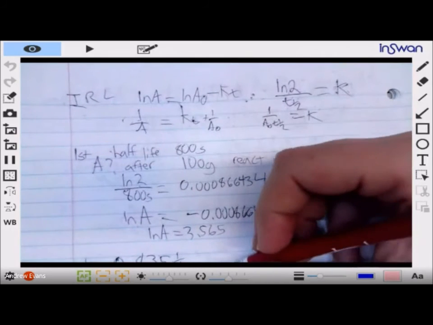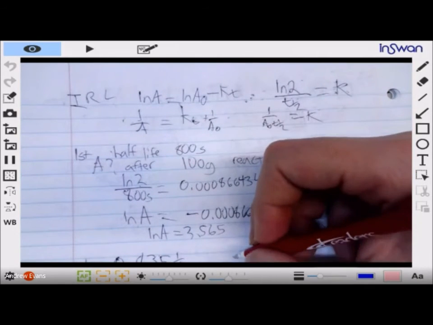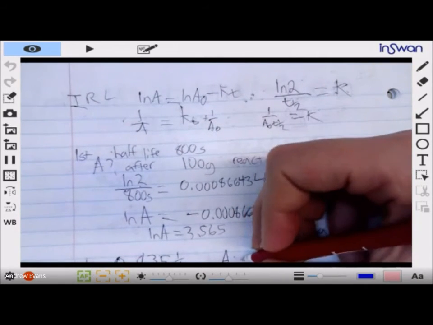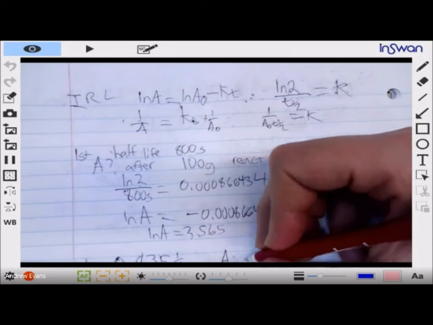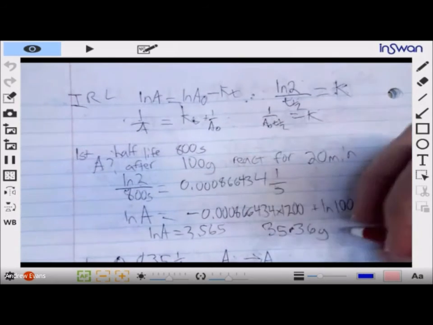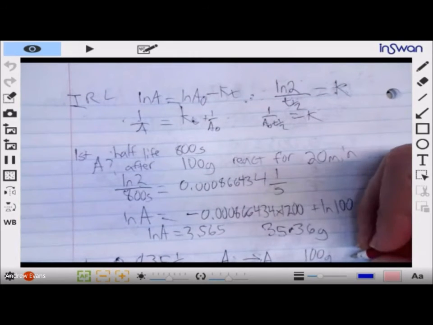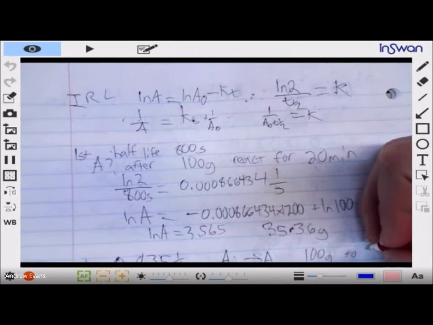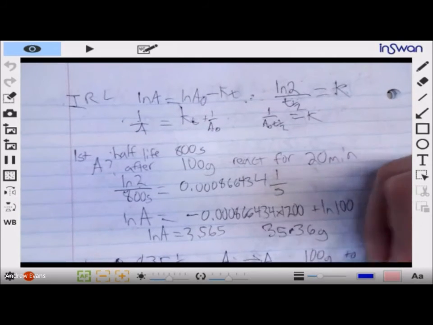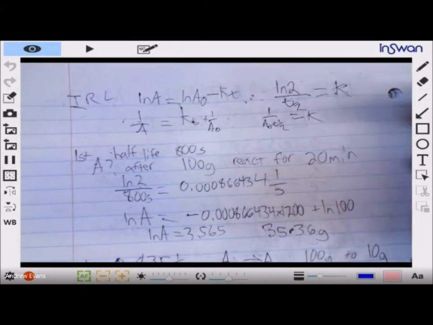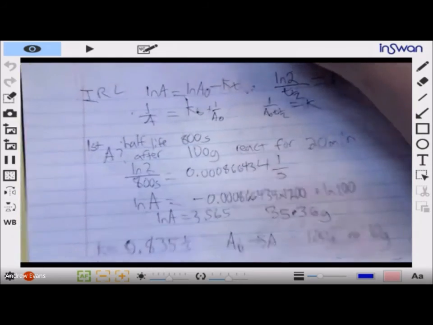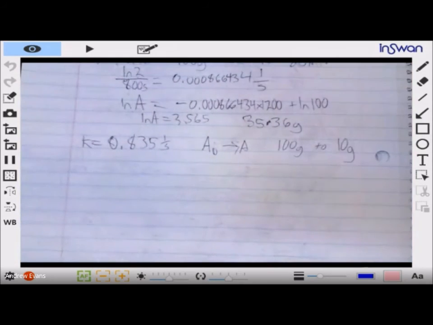How long would it take to go from A sub 0, 100 grams, to 10 grams under these situations?